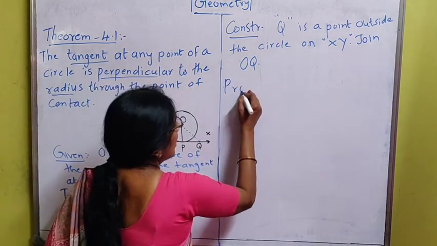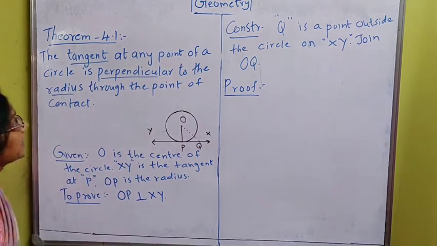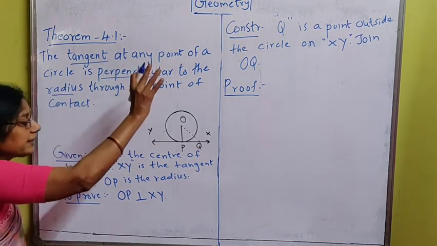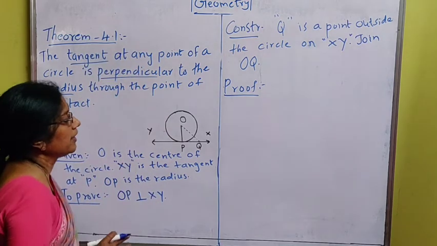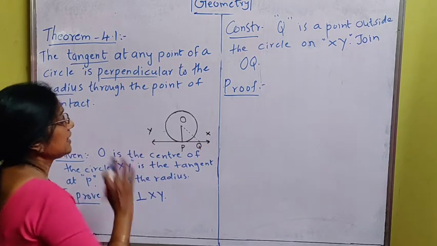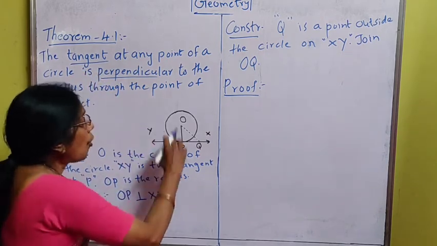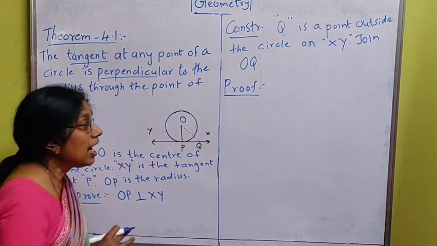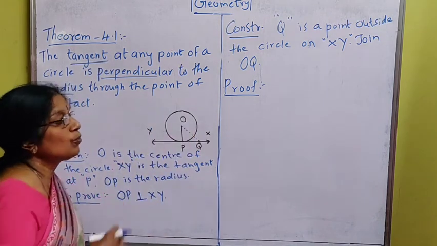Now we have to start the proof. Earlier, before I started this theorem 4.1, I wrote something, the shortest distance theorem, that we are going to use over here. Let us imagine XY is a line, O is a point outside the line. So OP and OQ are joined to the line. According to the theorem, OQ is greater than OP.